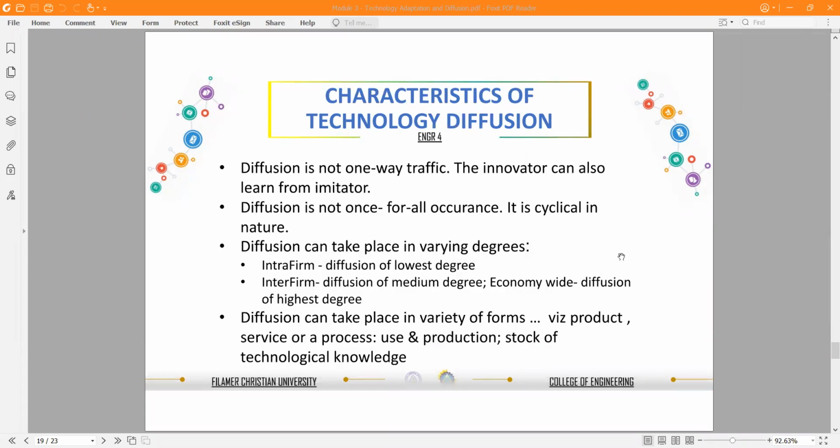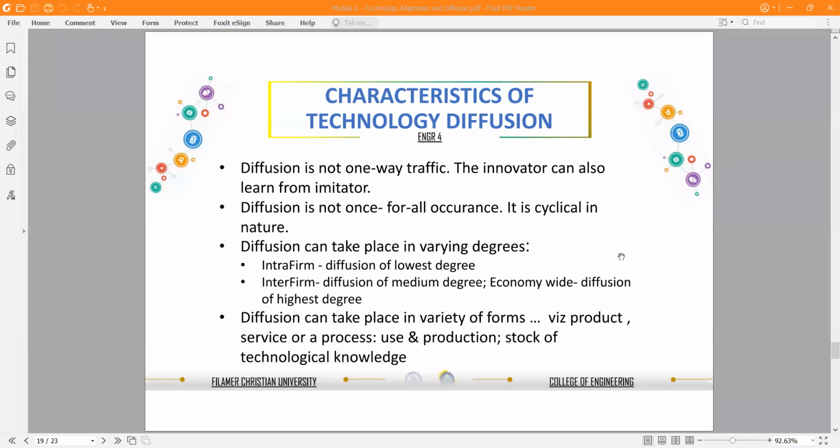Characteristics of technology diffusions. So diffusion is not one-way traffic. Meaning the innovator can also learn from imitator. So kung ano kunwari yung pioneer sa smartphone, let's say Apple, or let's say any brand X ng smartphone, no? Yung naging lang nila sa product nila is madaling malubat. So ikaw, innovator ka, ginaya mo yung smartphone na yun.